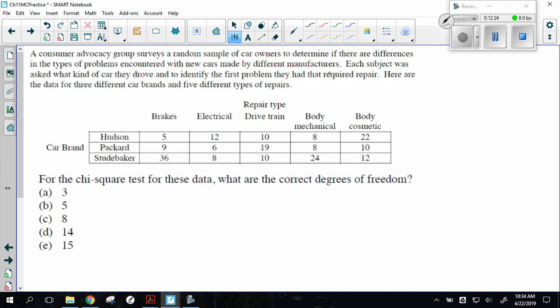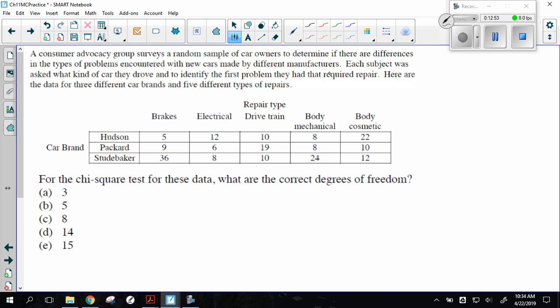So, you want to know if there are differences in the types of problems encountered by these cars made by different manufacturers. What kind of cars you drove and identify the first problem that required repair. So here we go. We've got 3 different car brands and 5 different types of repairs. What would be our correct degrees of freedom?